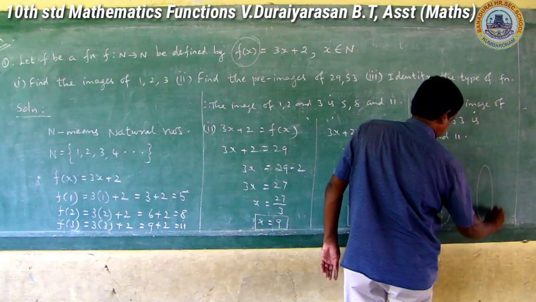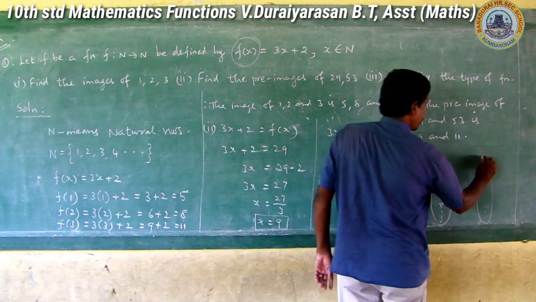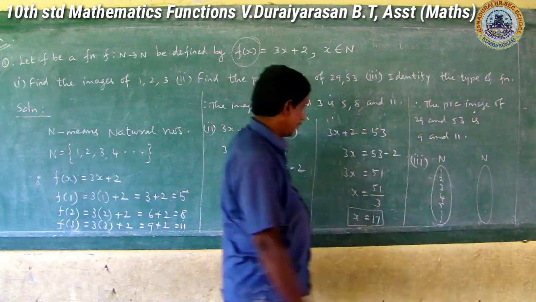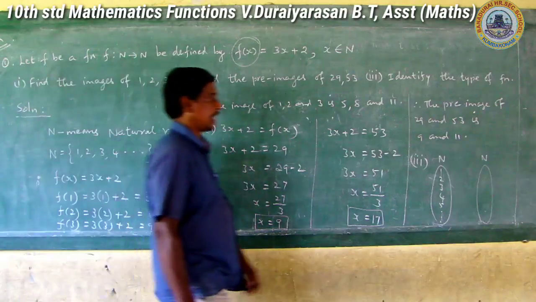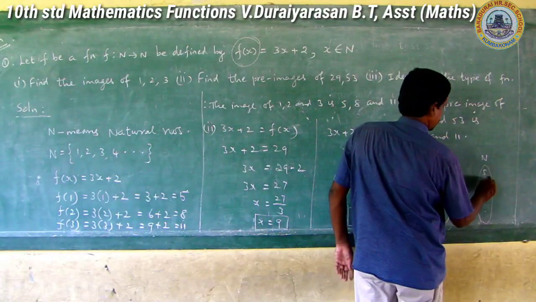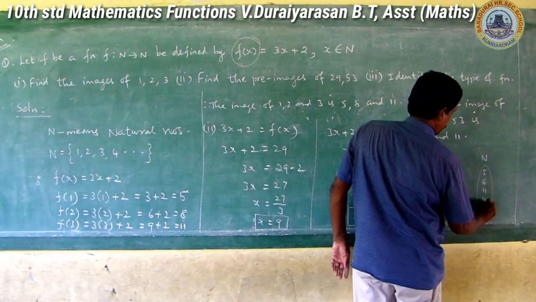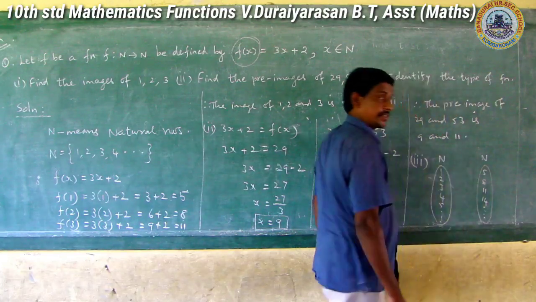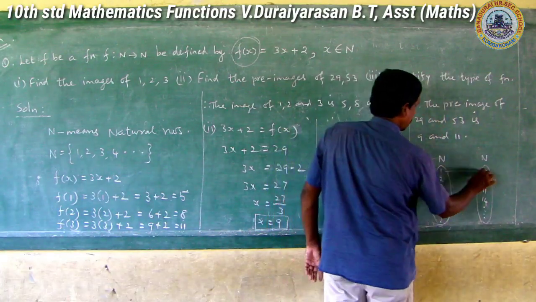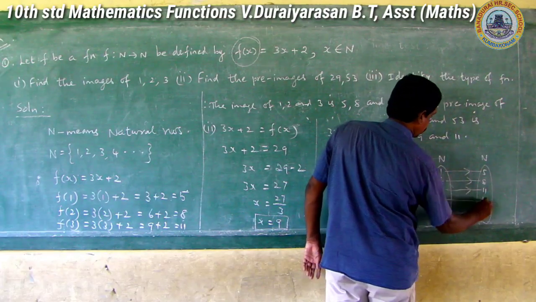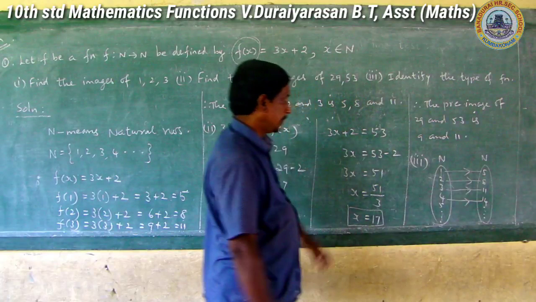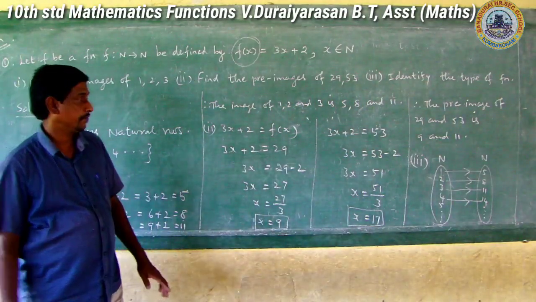The codomain is also natural numbers. What are the numbers? 5, 8, 11, 14 and so on. 1 goes to 5, 2 to 8, 3 to 11, 4 to 14, and so on.